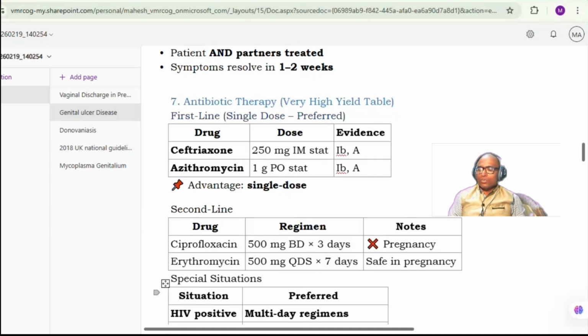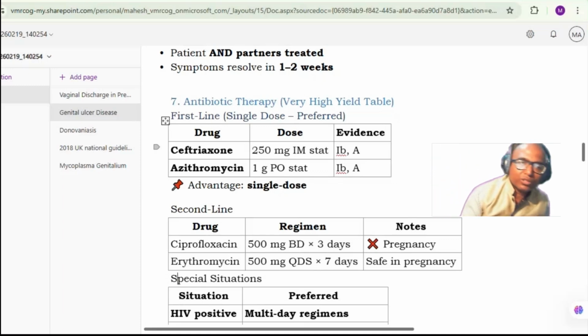So what was the treatment of gonorrhea? Ceftriaxone 1 gram single dose. Here it is the same drug, but the dose is 250 milligram. But azithromycin is here, and there it was only ceftriaxone. Here the second drug is azithromycin 1 gram single dose. There are only 2 conditions where azithromycin is given.